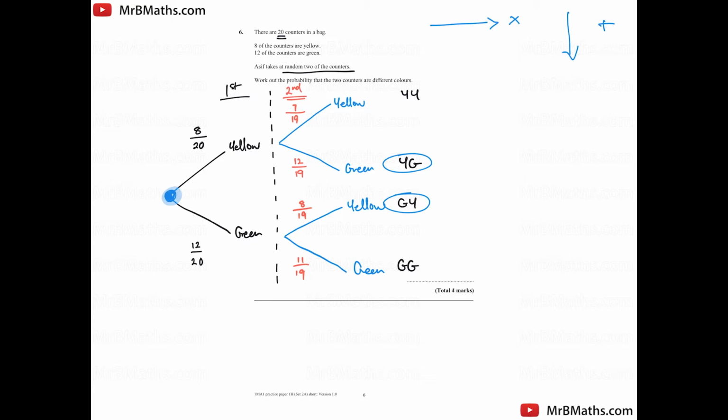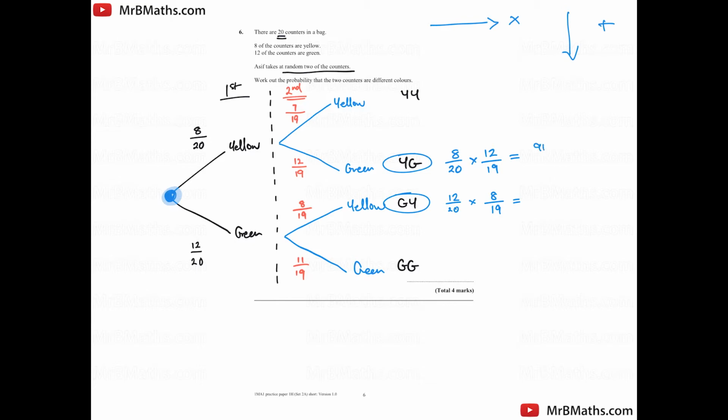So if we go for YG, we'll have 8 over 20 times 12 over 19. And for green yellow, we'll have 12 over 20 times 8 over 19. So if we work out what that is, I'm going to use a calculator just to speed things up.